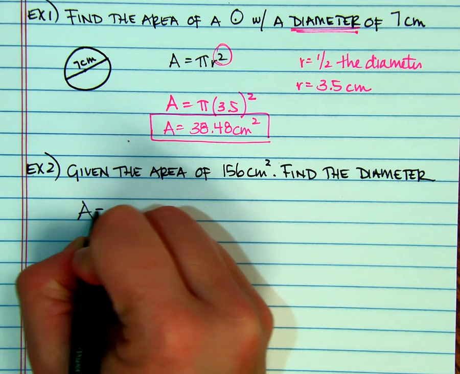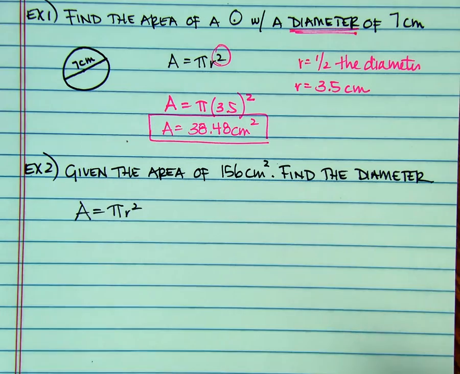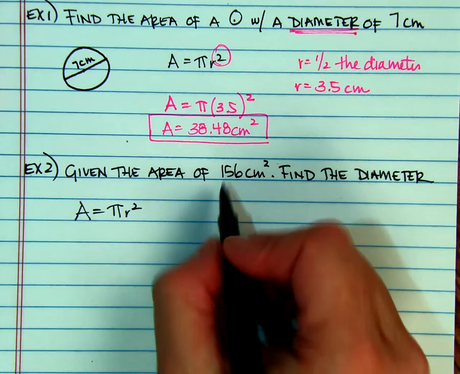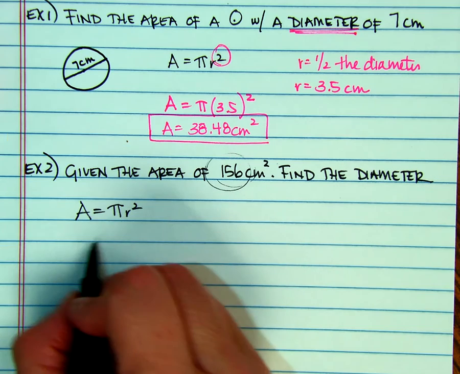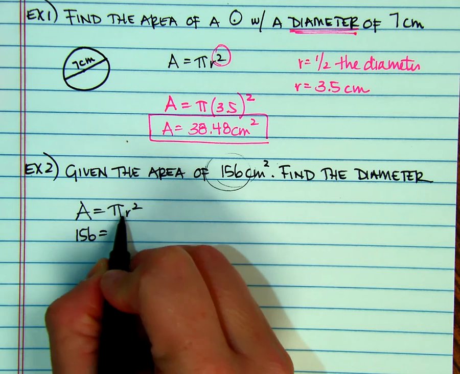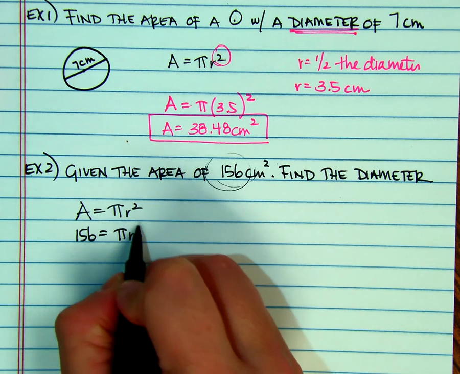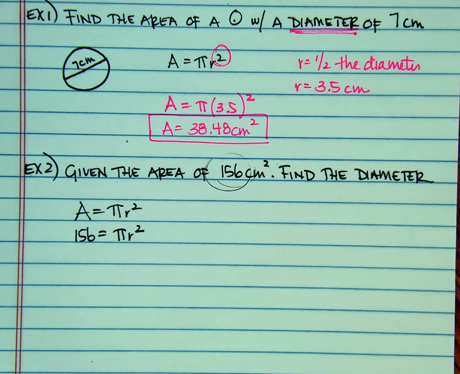So what I like to do is just start off by writing the formula down and plug in what I have or what I know. So I already know that the area is 156. Pi does not change. And I'm solving for r.